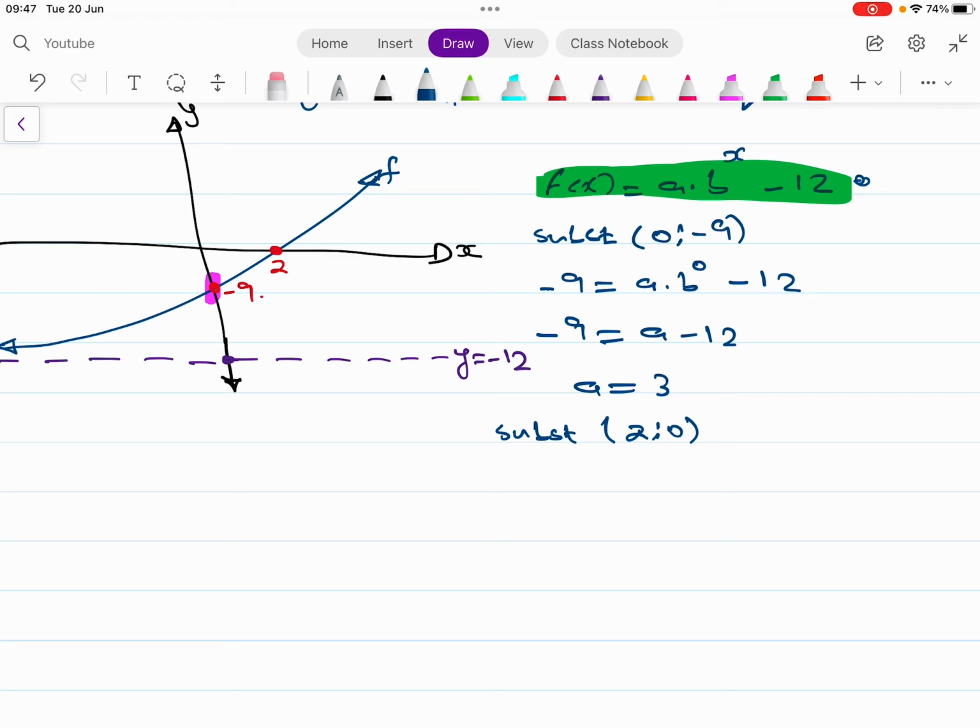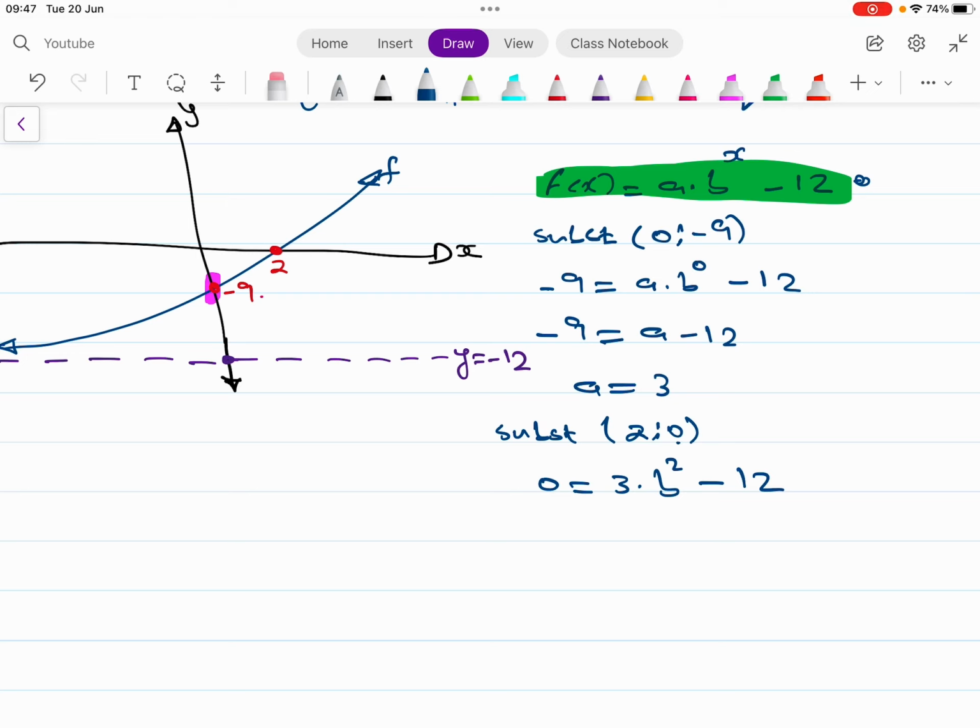So let's continue the substitution. When y is 0, we already know the value of a, so we don't need to act as if we don't know it. So we substitute that, and then we have b, x is 2 for that, and minus 12.